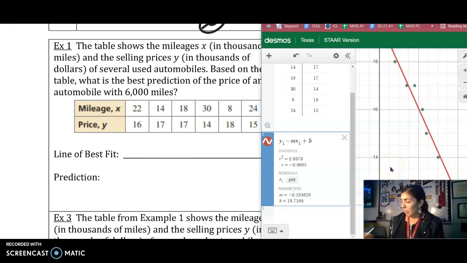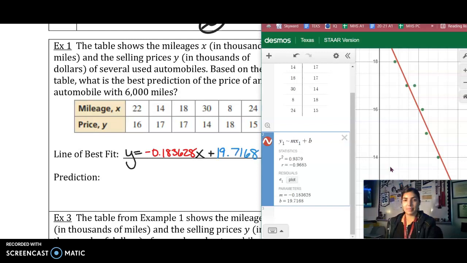I'm not really worried about rounding today, so we're just going to copy down the entire number for slope and the entire number for the y-intercept. So this would be the line of best fit, y equal to negative 0.183628 times x plus 19.7168. That's my equation for the line of best fit. Again, I'm not really worried about rounding.